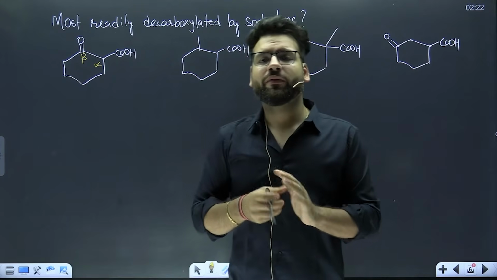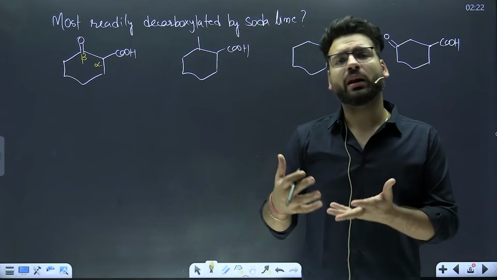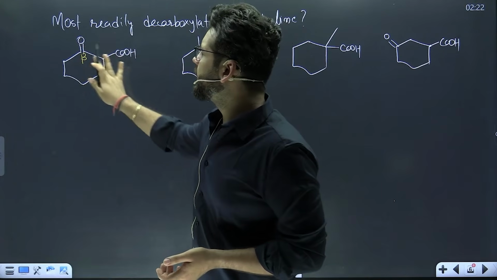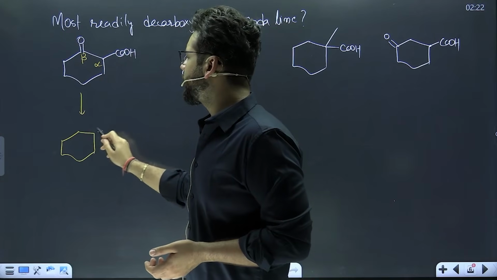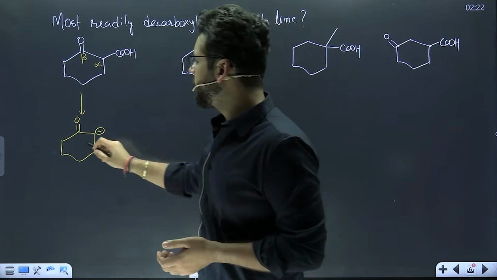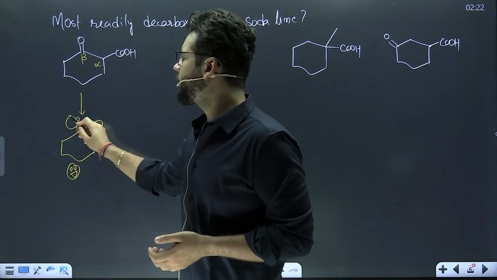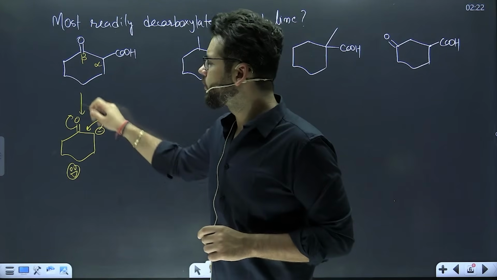Remember that whenever a beta position has a ketone group or an aldehyde group or a carboxylic acid group, in that case these are very readily decarboxylated, because here the carbanion formed will be highly stabilized by resonance. It's a very stable carbanion. Minus becomes pi, pi becomes minus. Very stable intermediate sends this reaction forward very easily.